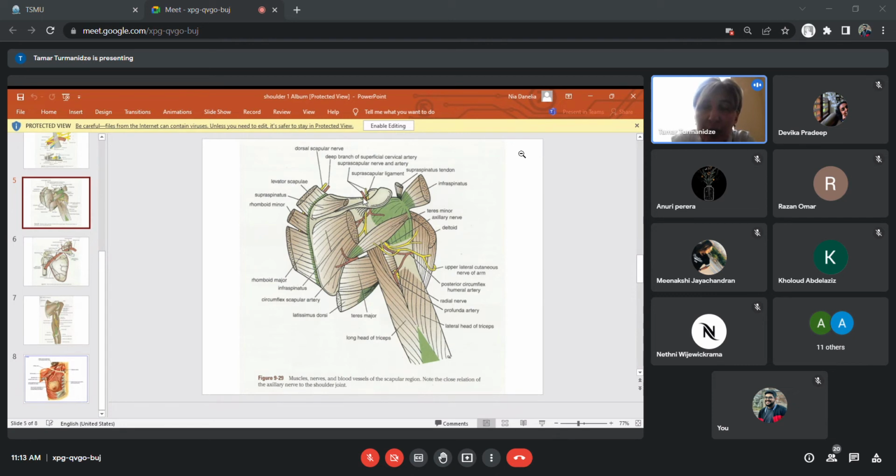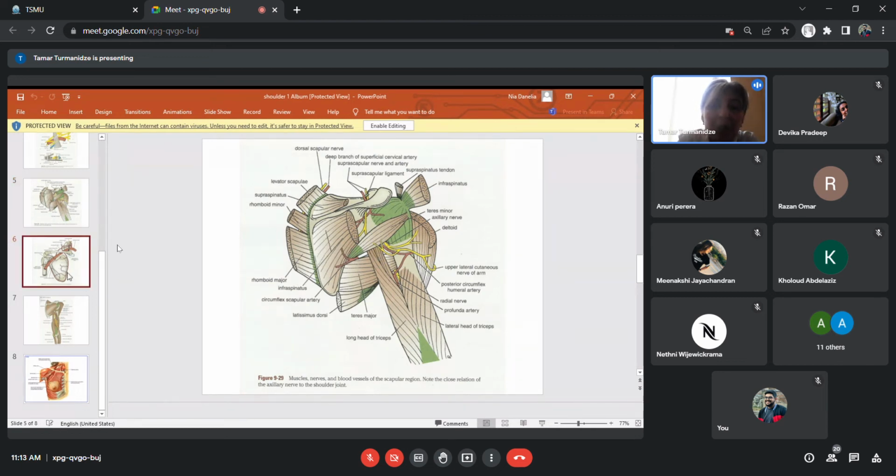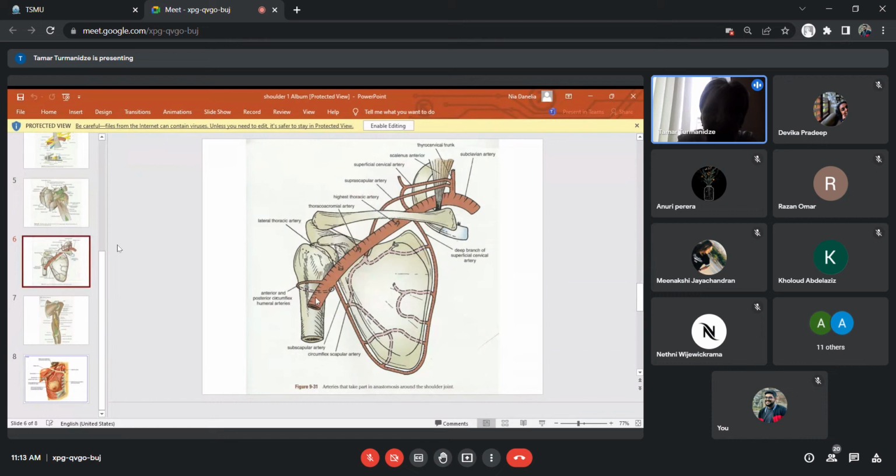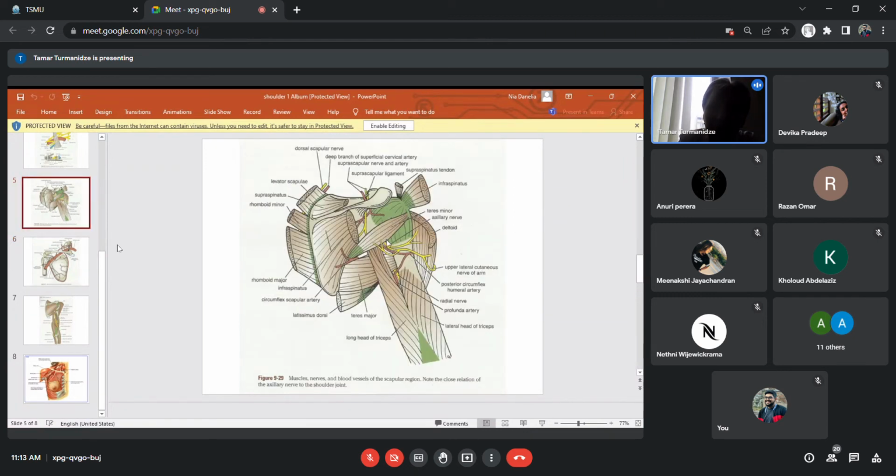with the suprascapular artery. In the quadrangular space passes the posterior circumflex humeral artery, a branch of the third part of the axillary artery, accompanied by the axillary nerve, and from this space it enters the deltoid region. This artery and nerve are the main vessel and nerve of the deltoid region.